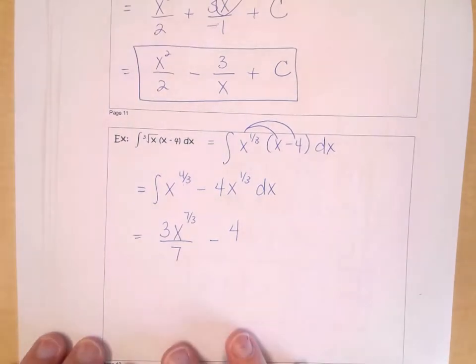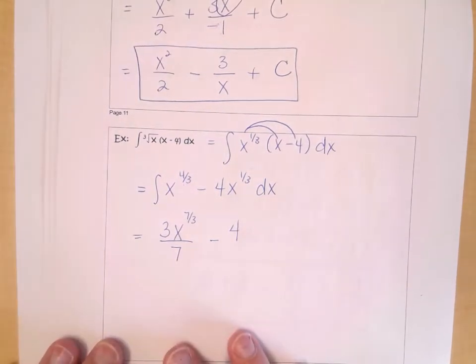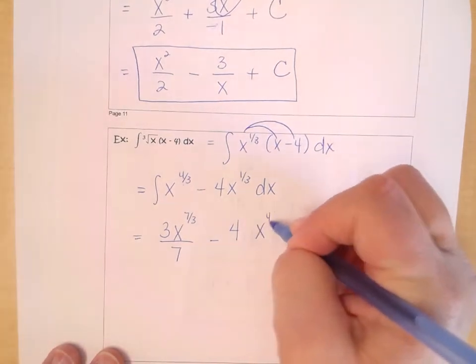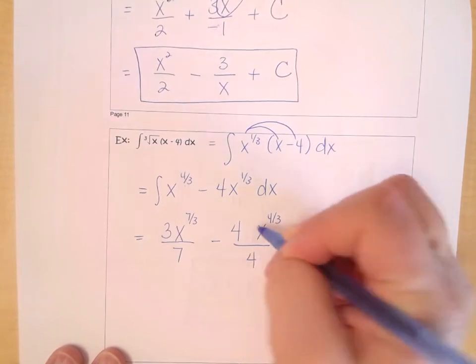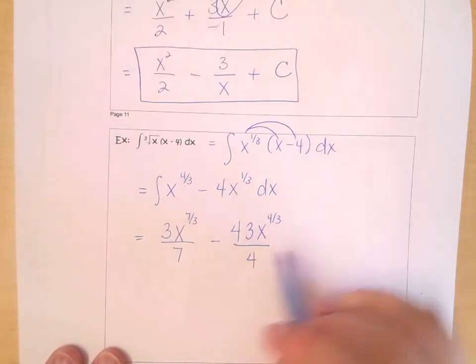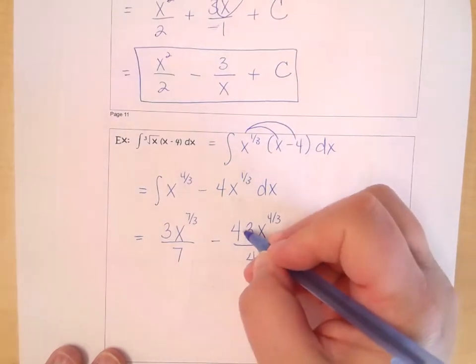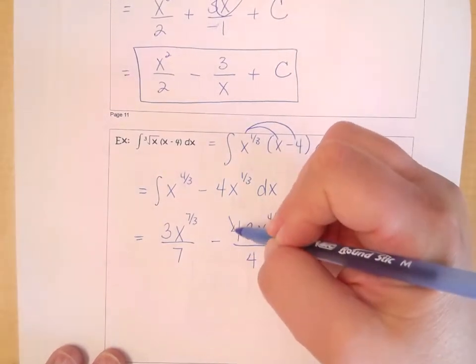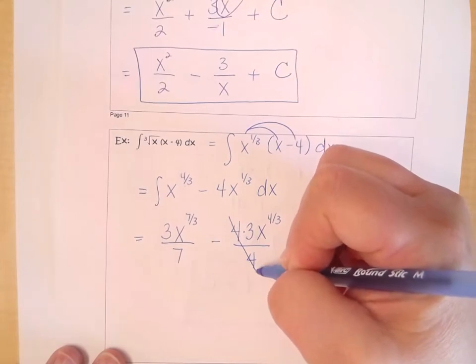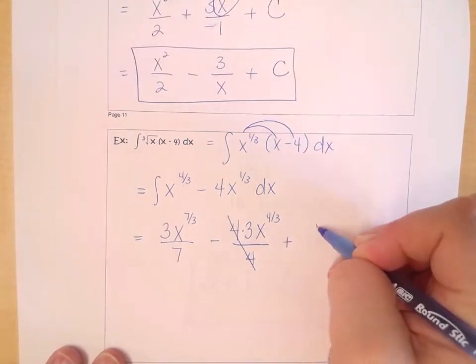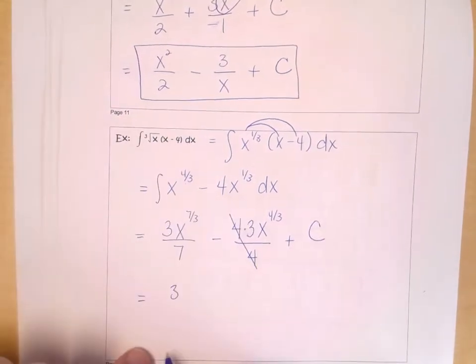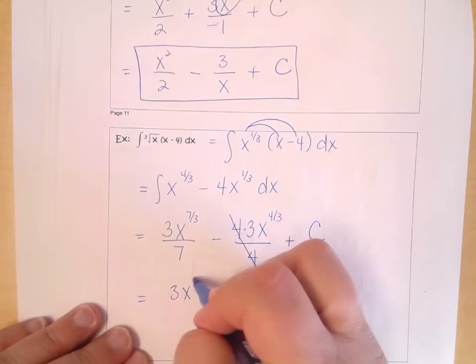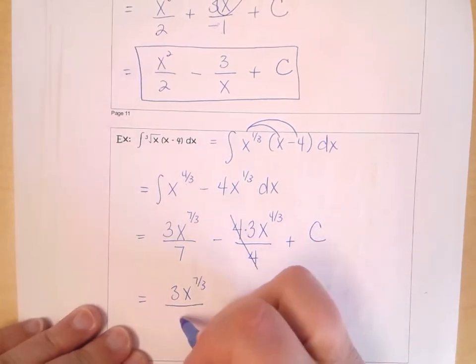X to the 1/3 becomes x to the 4/3 over 4/3. And this doesn't read 43. This is 4 times 3, which means I can cancel those. Final answer: you could write 3/7 x to the 7/3, or you can put 3 with the x in the numerator.